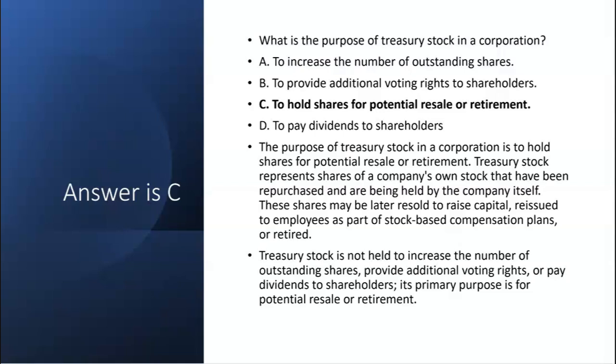Treasury Stock is not held to increase the number of outstanding shares, A is wrong, or to provide additional voting rights, like B says, or to pay dividends to shareholders, like letter D. Its primary purpose is to potentially resell the stock or retire the shares. Letter C is correct.